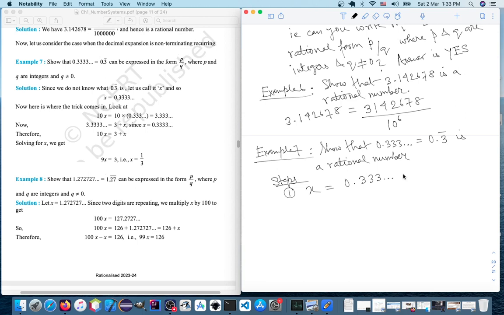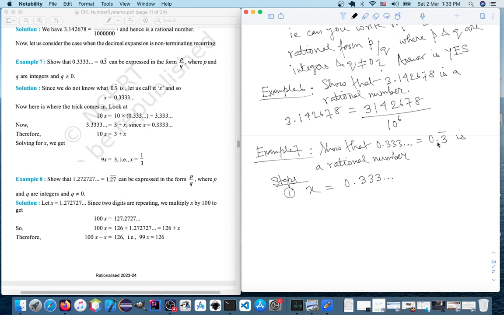Now what we do is, we see that the repeating block of digits in this number is 3, because 3 is repeating. We have 3 bar. So how many digits are there in the repeating block?